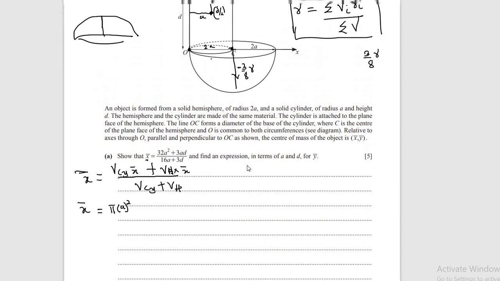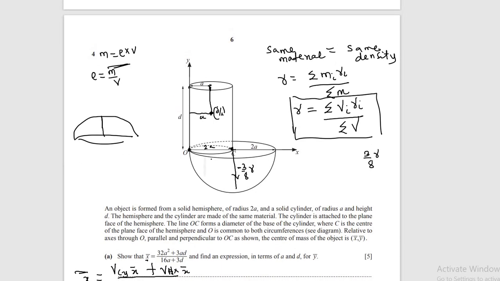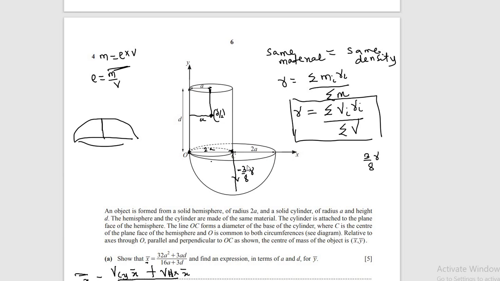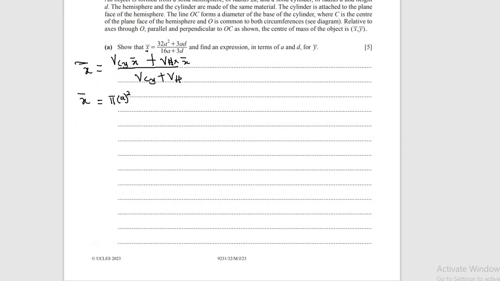Let's check h, the height of the cylinder. The height of the cylinder here is d, so the radius is a, multiplied by the center of mass for the cylinder, which is a, plus the volume of the hemisphere, which is 2/3 pi r squared h.